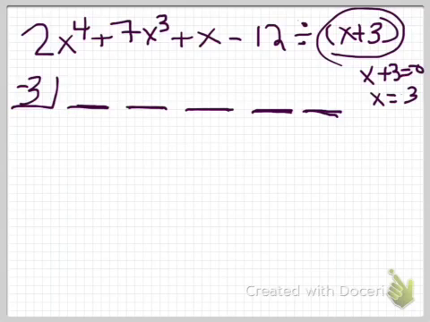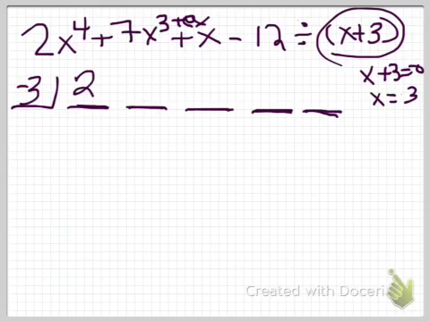Because really, since my squared term is missing here, I can think of that as being plus 0x squared. I'm having a hard time writing on that, but I think you get the idea.